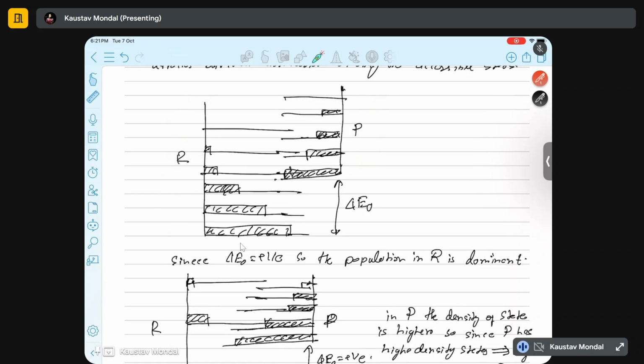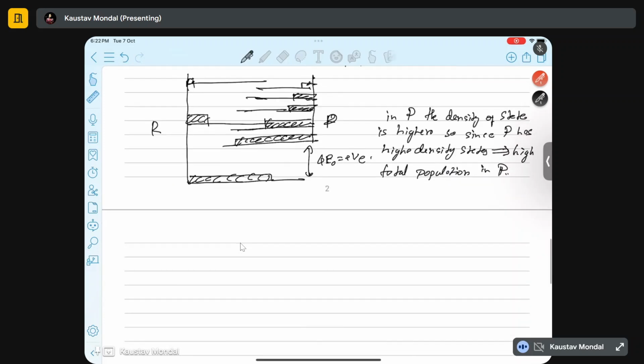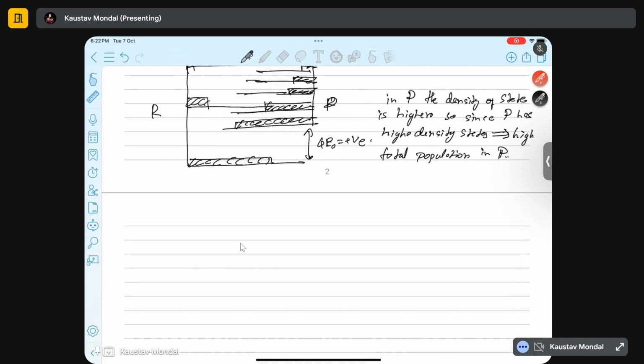After getting that distribution of the molecules and atoms, you can easily calculate the change in energy, that is delta E, the change in zero point energy, right? That basically gives you delta H, the change in enthalpy.